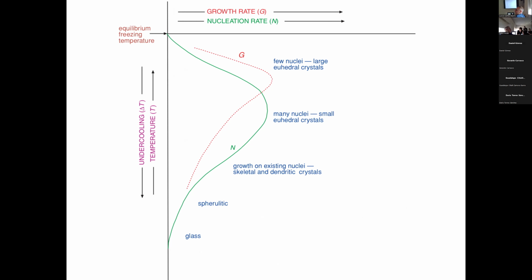At that point, yeah, there is a kind of information that is time, that you go too fast, higher undercooling, you will have just glass. Be able to move anymore, so it means that you go slowly.